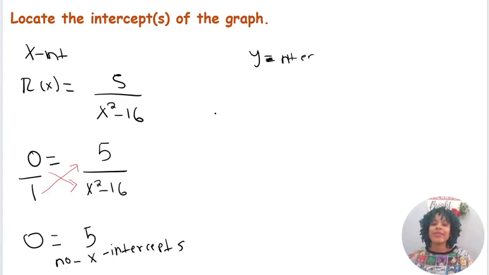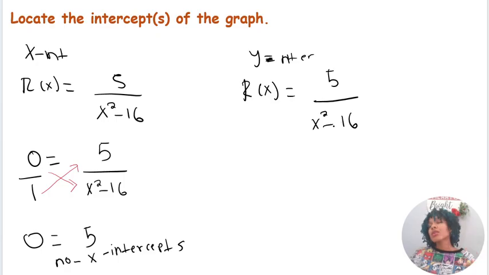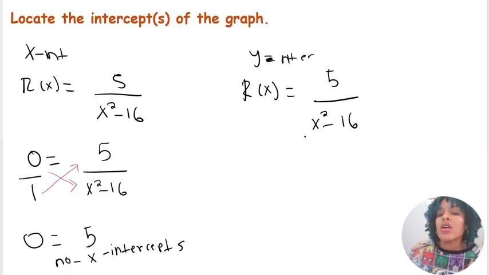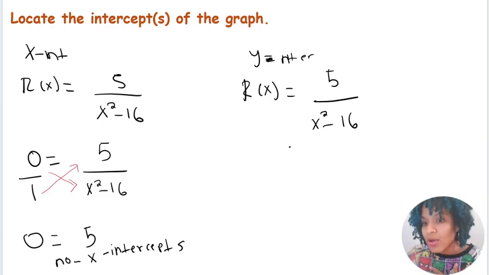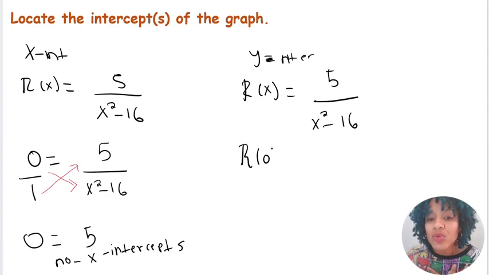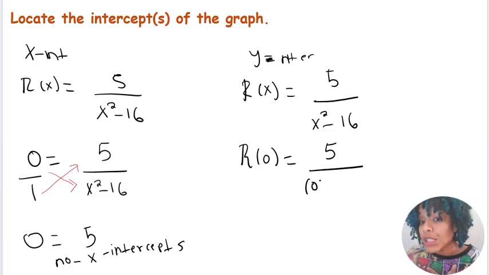All right, so now we're going to find the y-intercept. Okay, so I'm just going to rewrite the function again to make sure we are understanding what we're doing. All right, so I am looking for the y-intercept. Therefore, I am going to substitute 0 for the x. Okay, so I have r of 0 equals 5 over 0 squared minus 16.